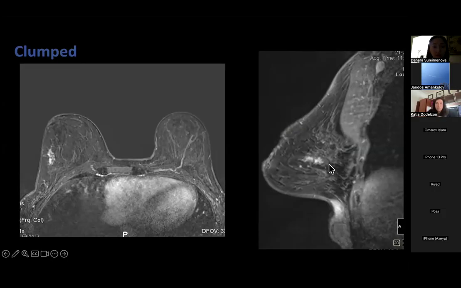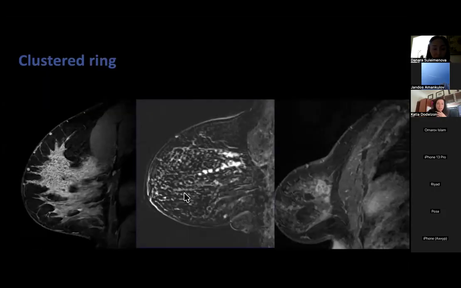This was biopsy proven DCIS, not surprisingly. And this is an example of multiple examples of clustered ring. So this is in a regional distribution. This is in a linear distribution. This is in a focal distribution, but you see the same thing, which is almost like little rims of enhancement with central loss of signal or lack of signal.